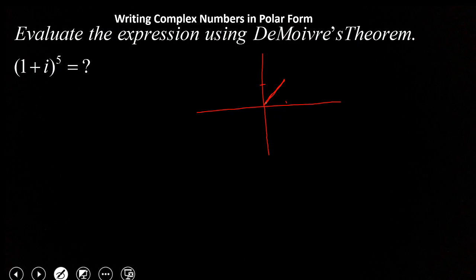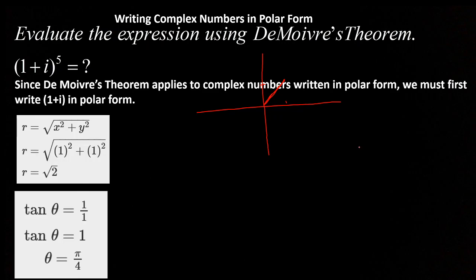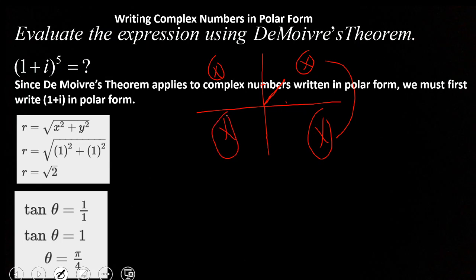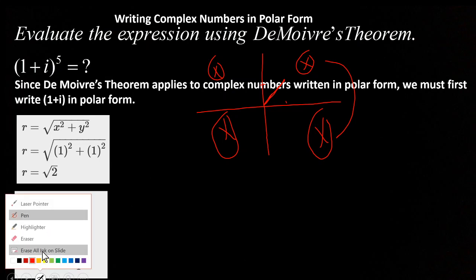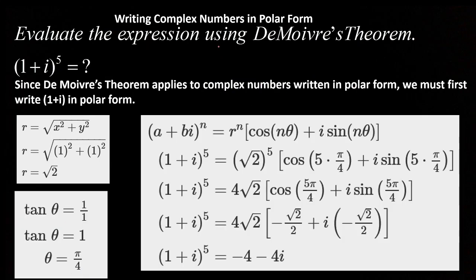Now the distance is the square root of 1 squared plus 1 squared, which is square root of 2, and the angle is tangent inverse of 1 over 1. Now since we are in these two quadrants, the calculator's tangent inverse is good enough for us. If you're over here and over here, then the calculator gives you the wrong ones. You have to add pi to it. Okay, so that's the polar form of it.